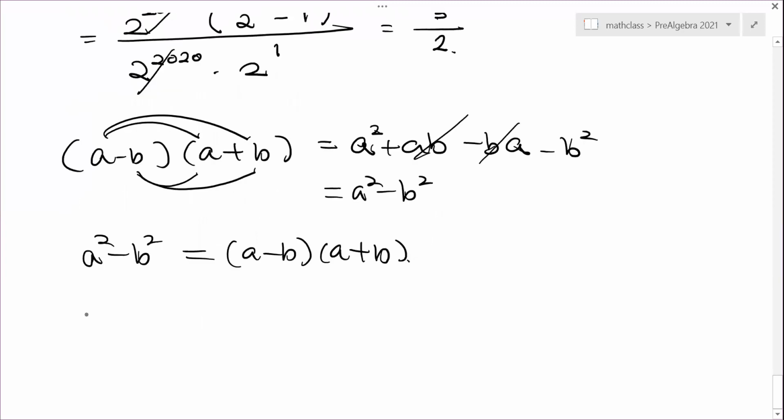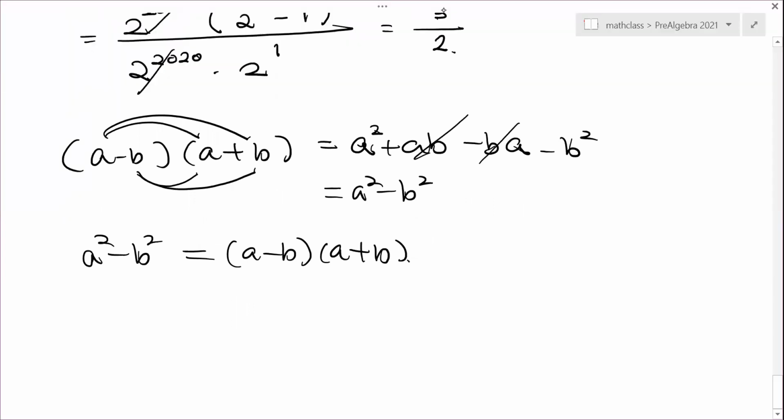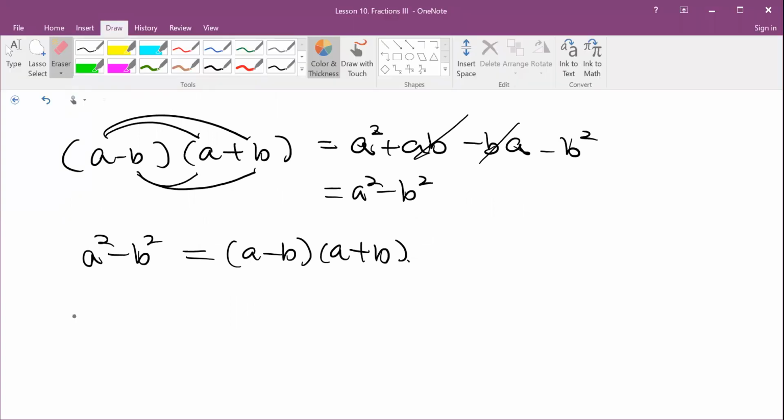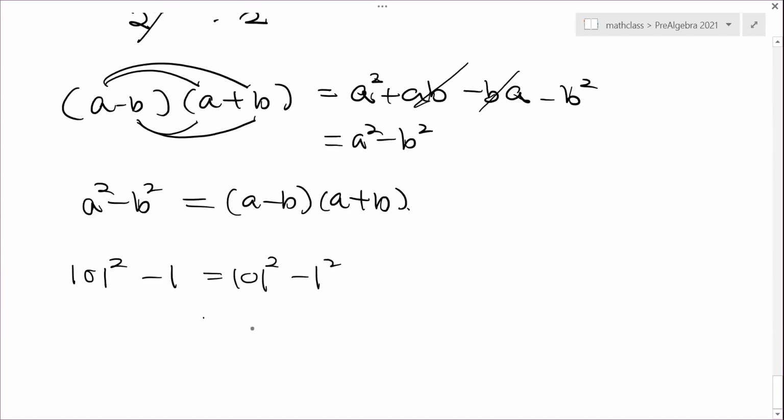So conversely, A squared minus B squared is going to be A minus B times A plus B, right? And that actually helps you a lot when you do the computation. For example, 101 squared minus 1, right? It can be viewed as 101 squared minus 1 squared. So using the above formula, you get 101 minus 1 times 101 plus 1.